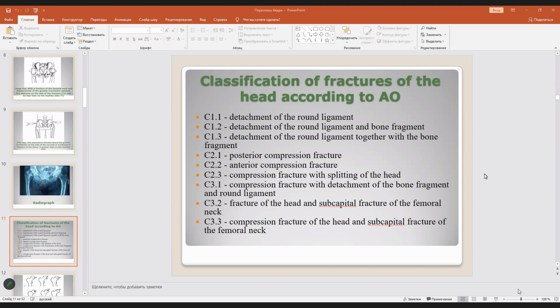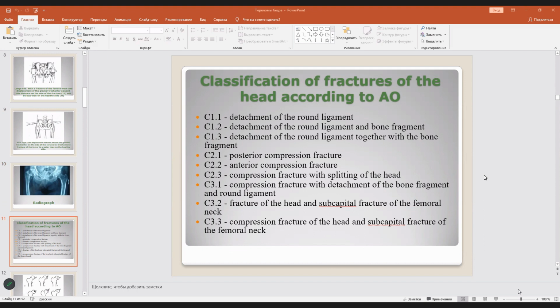C2.1, posterior compression fracture. C2.2, anterior compression fracture. C2.3, compression fracture with splintering of the head. C3.1, compression fracture with detachment of the bone fragment and round ligament.